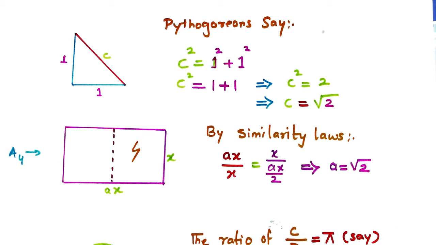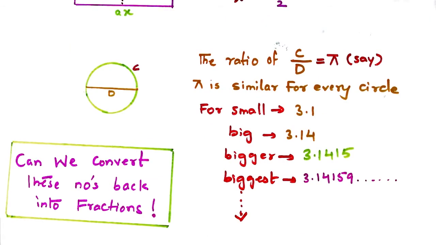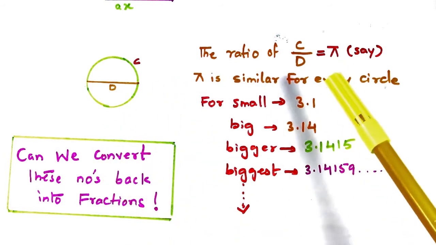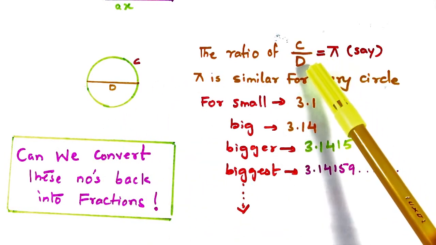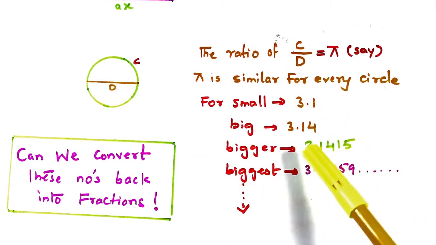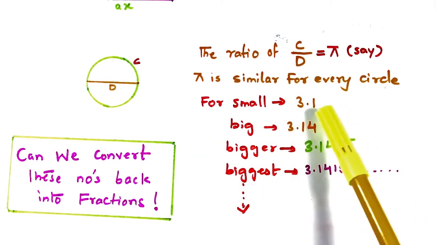Okay. We have got the circle over here. The perimeter of the circle, or we can call it circumference, and we have got the diameter of that circle. All right. So again, if you take the ratio of circumference and the diameter of a small circle, you could get 3.1.